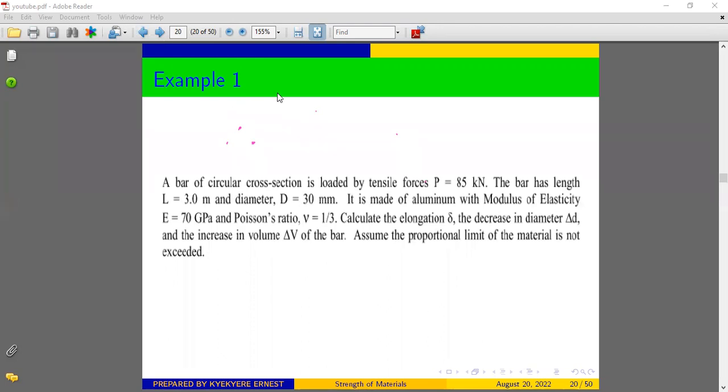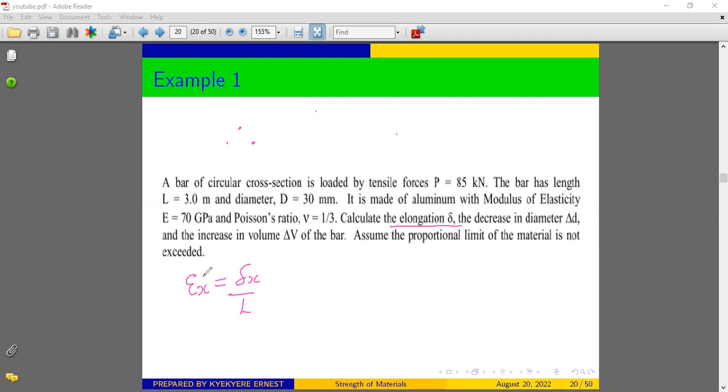So to solve this problem, we have been asked to calculate the elongation delta. And we know that the strain in the x direction, or in any direction, is equal to the deformation in that direction over the original length.